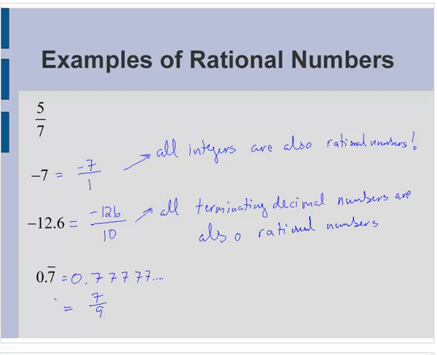Type in 7 over 9, and you should get 0.7 repeating up until maybe the last digit that shows. It might round it up to an 8. And in fact, all repeating decimal numbers are also rational numbers.